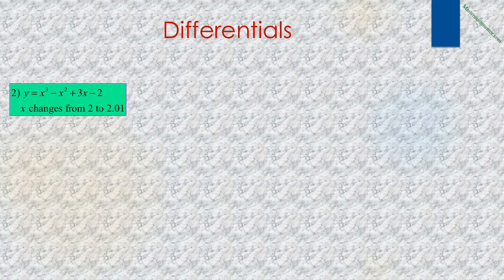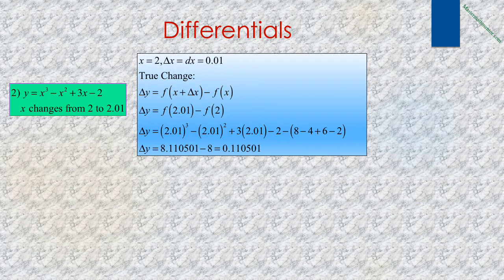In number 2, we have y equals x cubed minus x squared plus 3x minus 2. We would like to find the true change and the approximate change as x changes from 2 to 2.01. We have x equals 2, delta x equals dx, which is equal to 0.01. Our true change is delta y, which is f of x plus delta x minus f of x, or f of 2.01 minus f of 2.